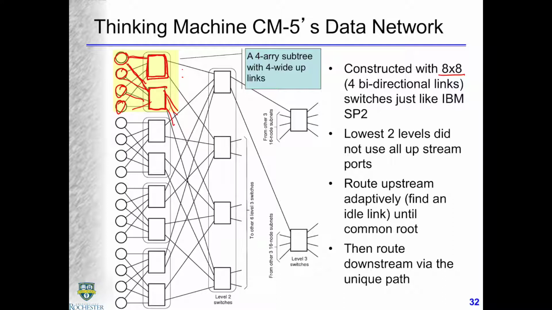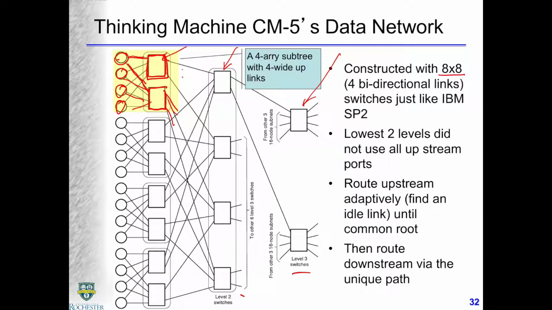You can pick any one, it doesn't matter. And these leaf nodes are connected to the next level of the root, and the next level of the root, and so on and so forth. So you can have level 2, level 3, until the end. That becomes the real root. So how do you route? Well, this is a tree.